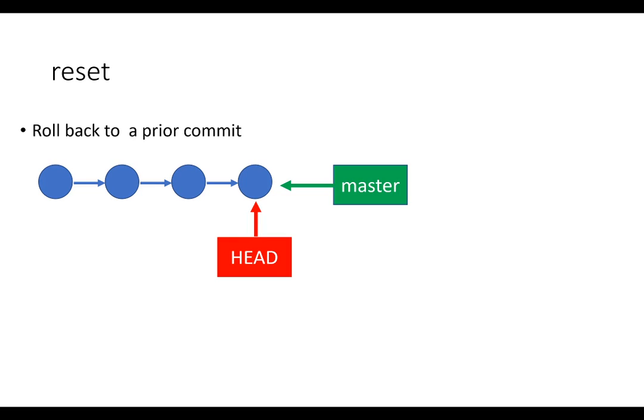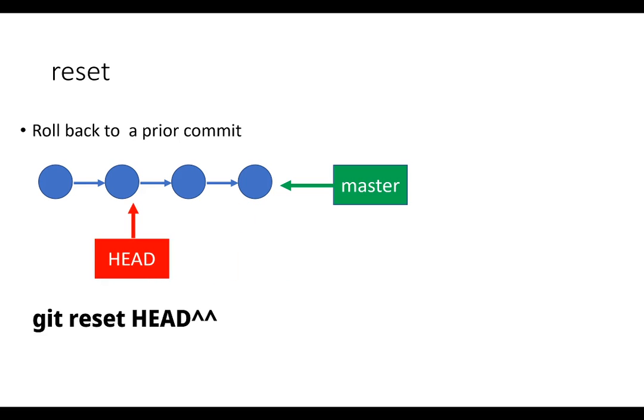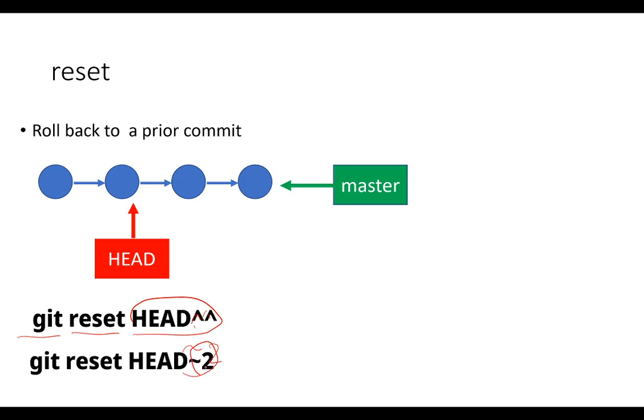If you want to go back to a previous commit, you can use git reset to this symbol. You can also use this, which means we go back from this HEAD pointer to that commit.